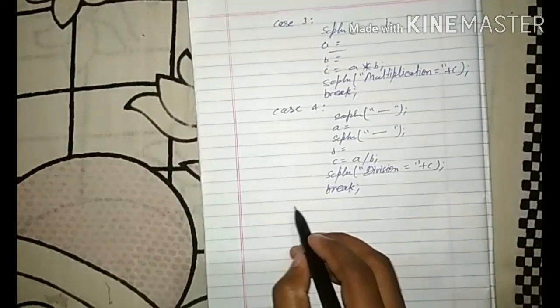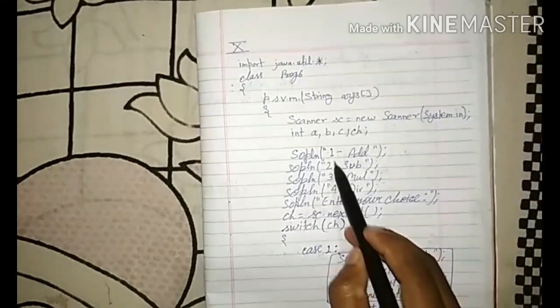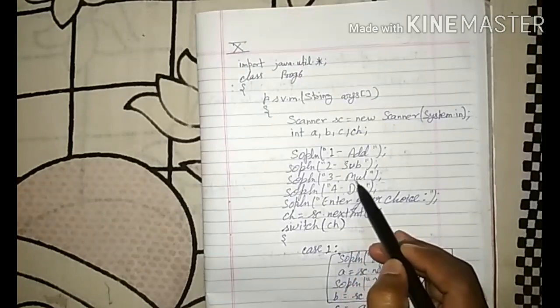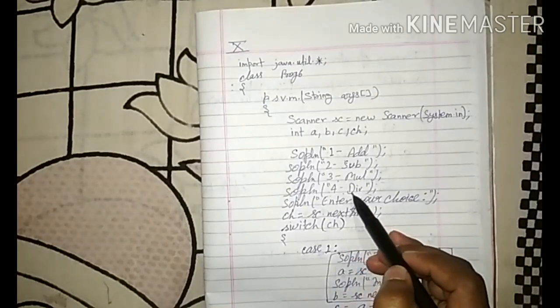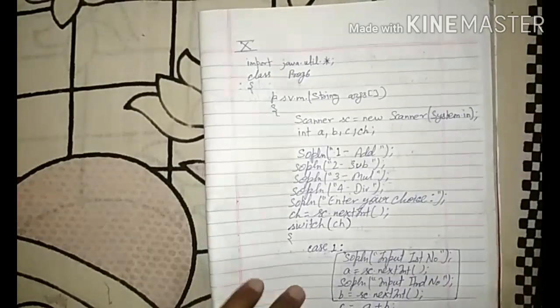Because in the menu, let me show you, only 4 options are there: 1 for addition, 2 for subtraction, 3 for multiplication and 4 for division. So only 4 cases I have written.